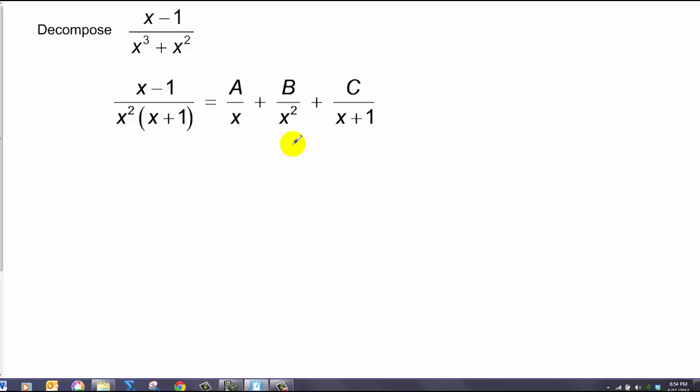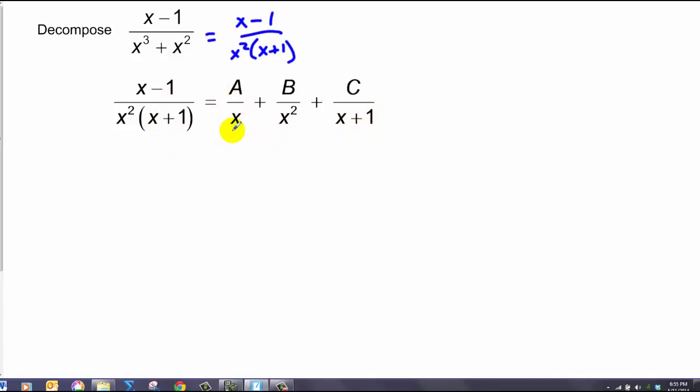In this case, we have x minus 1 over, and I have a term that factors. And in this case, it factors to x squared times x plus 1. Well, x squared is a product of repeated linear factors of x and x. So what I have to do is represent each of those linear factors in my possible decomposition.